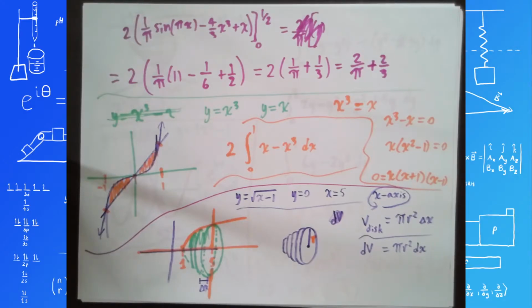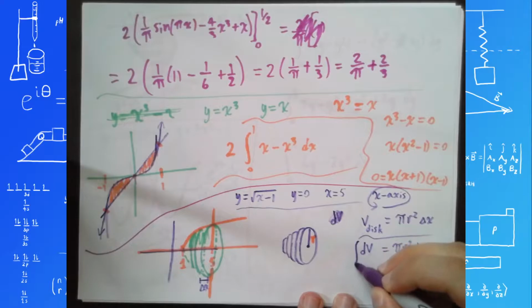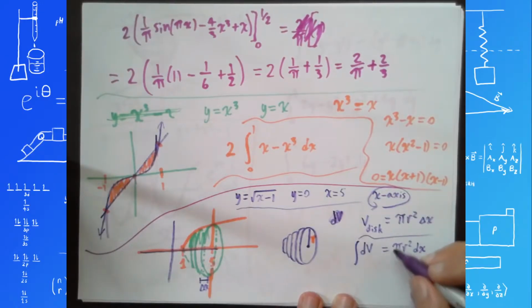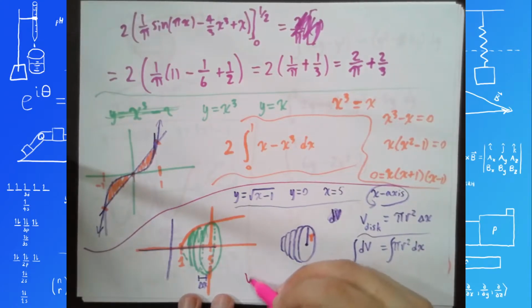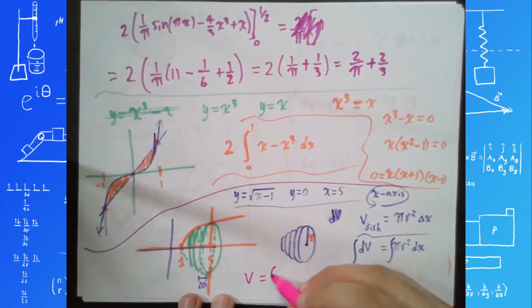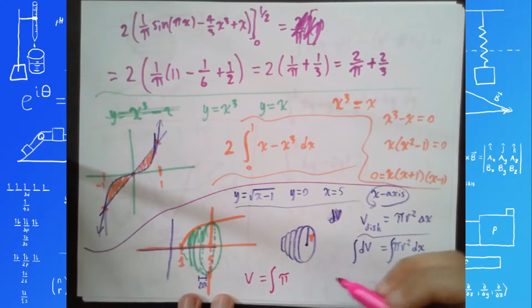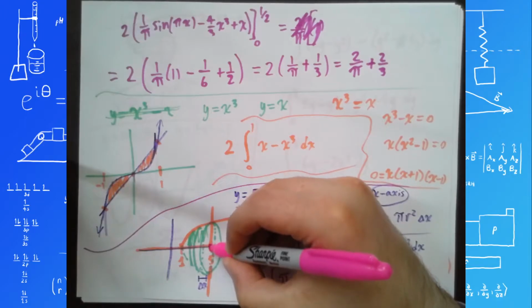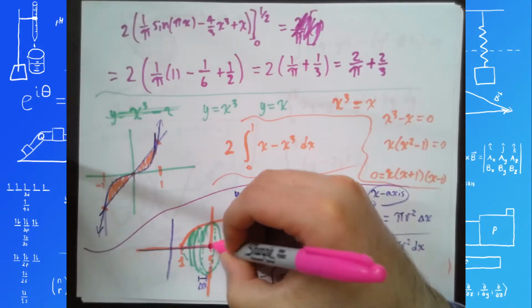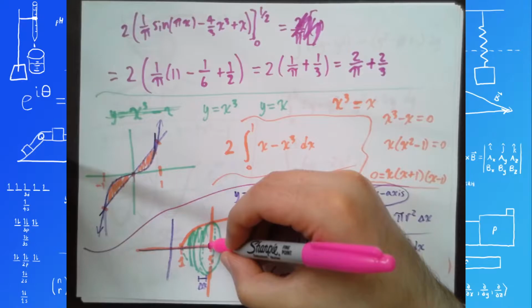So the total volume would be the integral of each of the individual slices of volume, which would be the integral of pi r squared dx. Okay, so our volume is equal to the integral of pi times the radius squared times dx. What is the radius? Well, it looks like all of our disks are going to be centered on the x-axis for this problem.